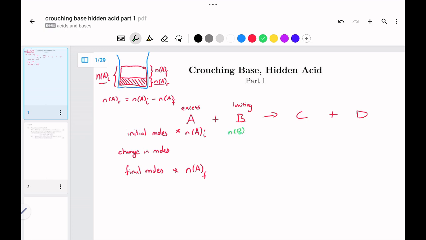The moles of the limiting reagent will be something to do with this, like either the initial moles of the limiting reagent, the initial mass of the limiting reagent, or the solute that is dissolved to make the limiting reagent solution. Maybe it's the initial concentration of the limiting reagent. Either way, it relates to the initial state.